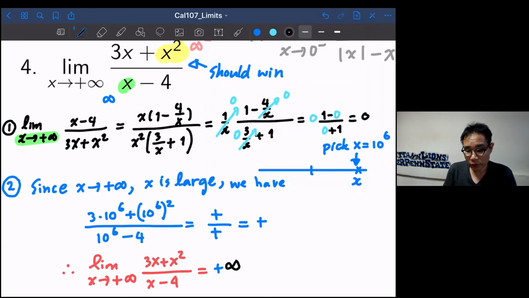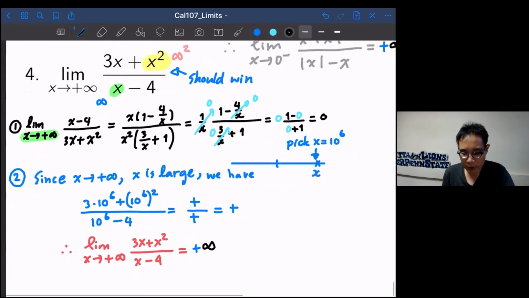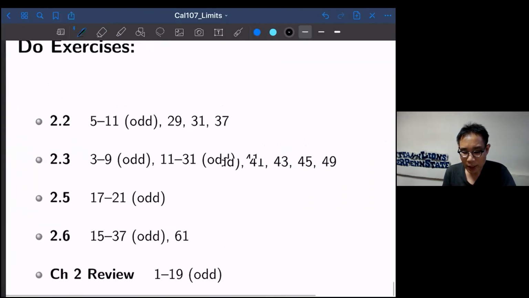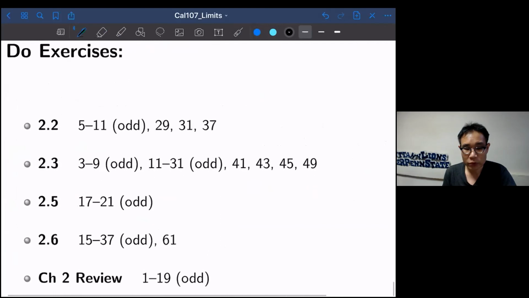So you see that in order to determine the infinite limit like this, you're going to need to do two steps always. The first one will give you the symbol infinity. The second one is going to give you the sign. Try to do examples, and I will suggest you do these exercises from the textbook.